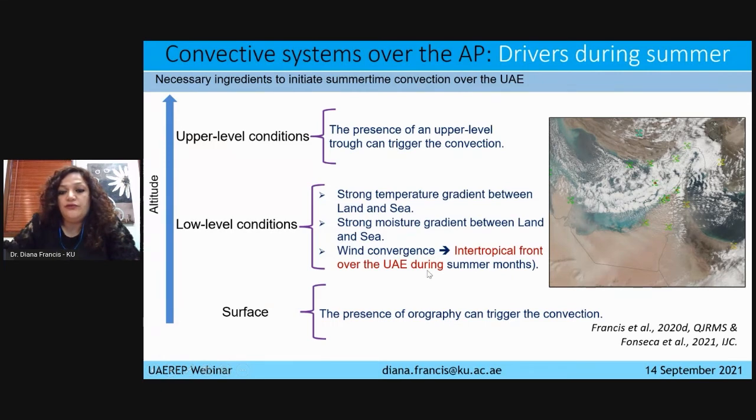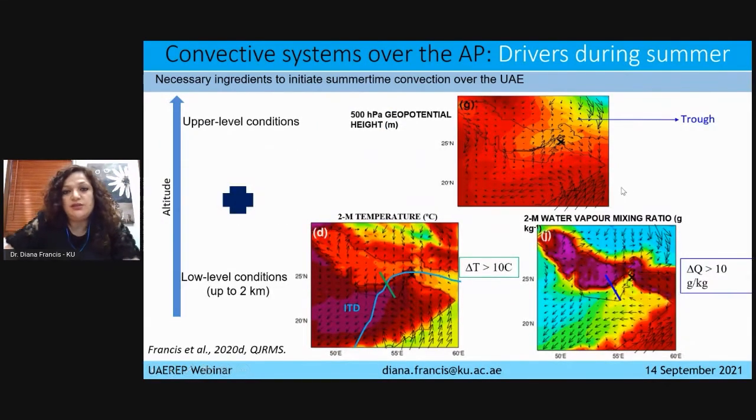Now, if we look, for example, at real data, what is the picture that we get? Here again, at low level, we have the map of temperature and the map of 2-meter water vapor mixing ratio. And at upper level, we have the 500 hectopascal geopotential height. In the temperature map, you can see we identified that the gradient needs to be higher than 10 degrees Celsius. And this is the ITD here over our region during summer. It can go north to the coastal line in some cases.